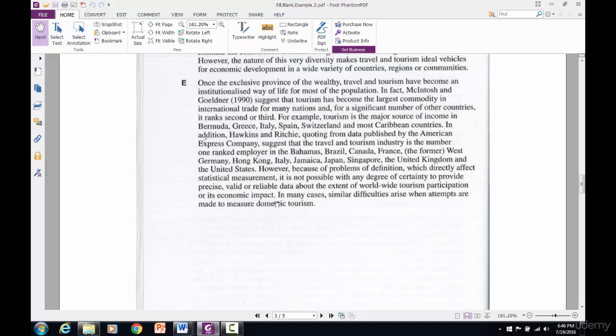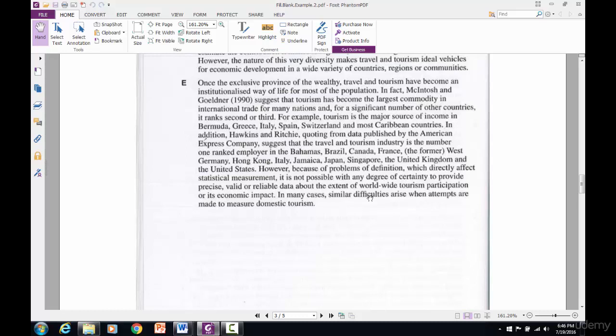Our answer here is domestic tourism. Difficulty is a synonym for problems. I know that's our sentence because they're using synonym language. A lot of students might go to the sentence before because they see the exact word problems, but our answer is coming from that last sentence because you have to look for synonym language.